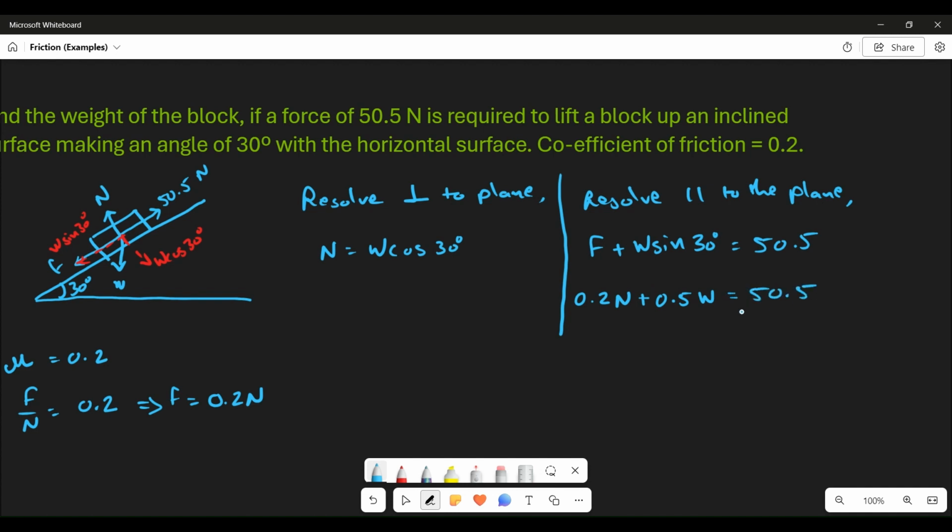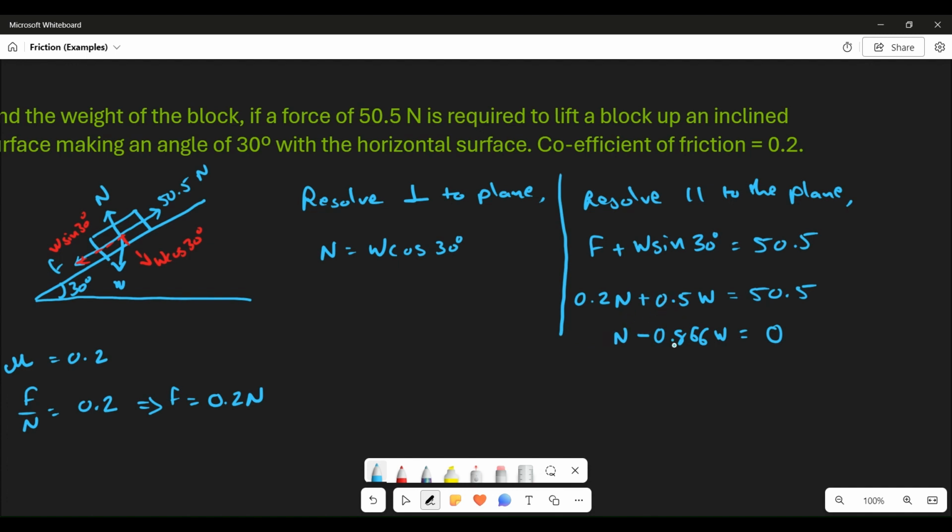This is one equation. The other equation is N, taking W cos 30 to the other side: N minus 0.866 W is equal to 0. Now from these two equations you need to find W. You will multiply the second equation with 0.2 and then subtract equation 2 from equation 1.